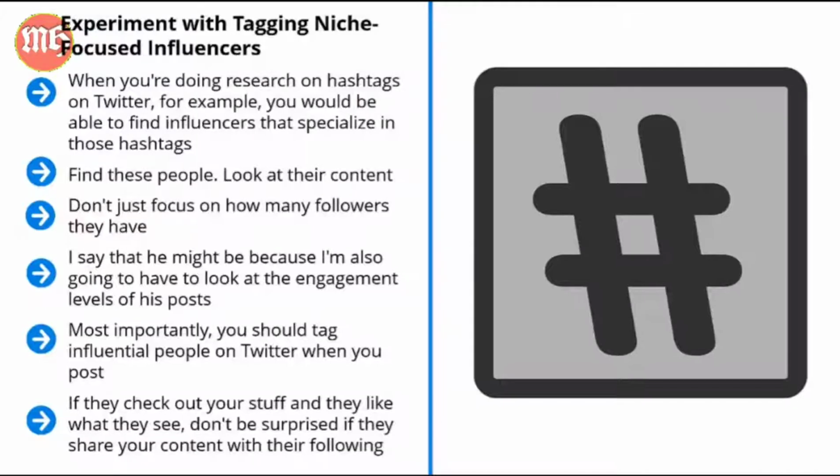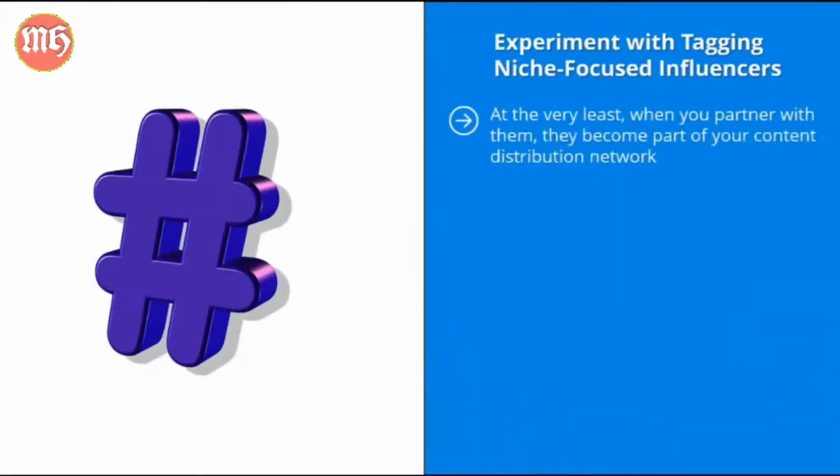Let them know about your questions or suggestions. In fact, you should engage with them so much that you can possibly create a relationship where they would publish your guest posts if they're bloggers or discuss whatever it is you're doing on their social media platforms. At the very least, when you partner with them, they become part of your content distribution network. In fact, a lot of them can even get you interviewed on influential blogs in your niche.